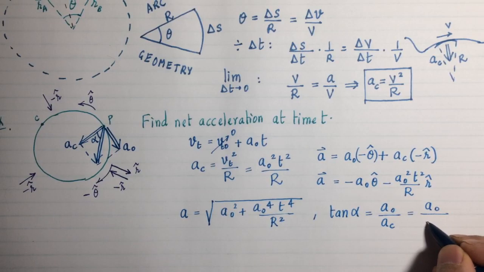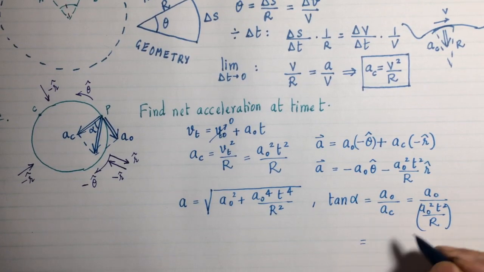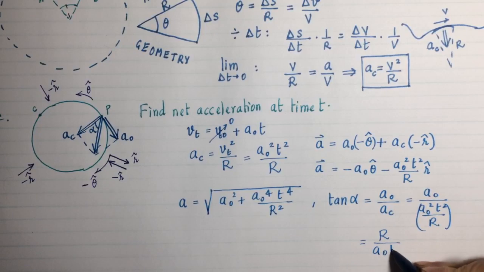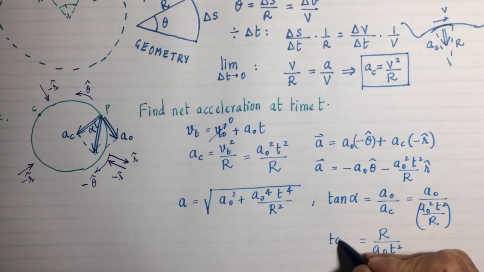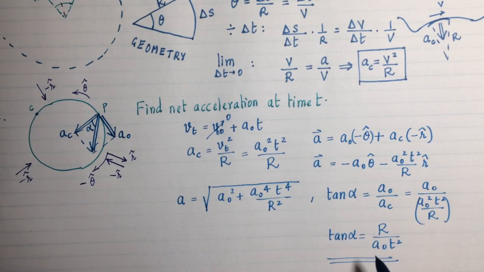So I'll write it as a naught over a naught squared t squared over r. So we can write tan alpha as r over a naught t squared. So that completes the description of the problem, where alpha is the angle between the acceleration and the inward normal.